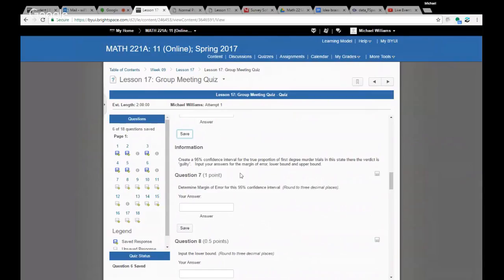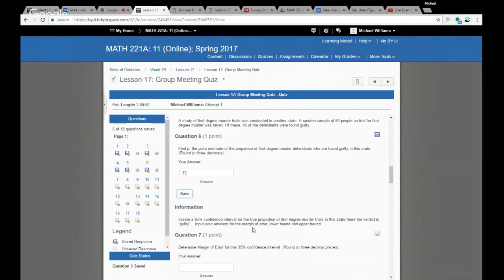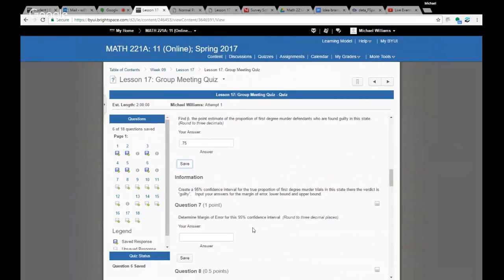Let's see. 95% confidence interval for the true proportion of first-degree murder trials. Okay, so this is going to be the formula of margin of error: 1.96, which corresponds to 95%, times the square root of p hat times 1 minus p hat divided by n.